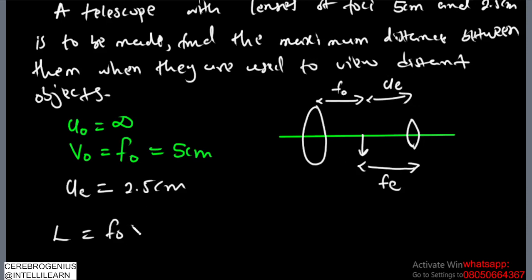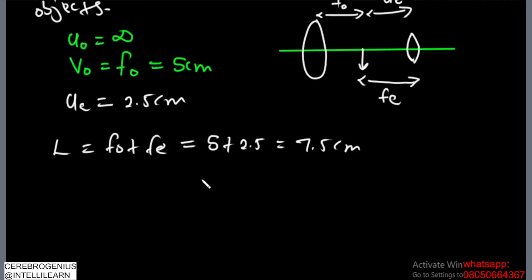So that's going to be f0 plus fe. Anytime that you are just adding the two foci, it means the telescope is at normal adjustment. So you just do 5 plus 2.5, which is 7.5 centimeter. So that's going to be the length.